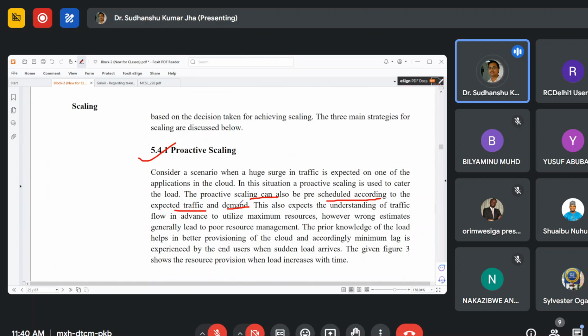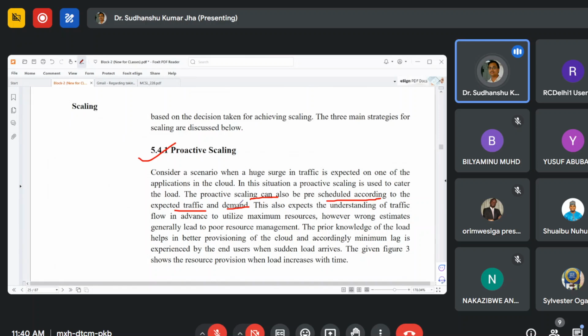Scaling means you have started with some fixed number of resources. Later on, you observe that you need more resources. How many more resources? Let us suppose say five more resources, so five resources may be allocated. After some time you require 20 more resources.